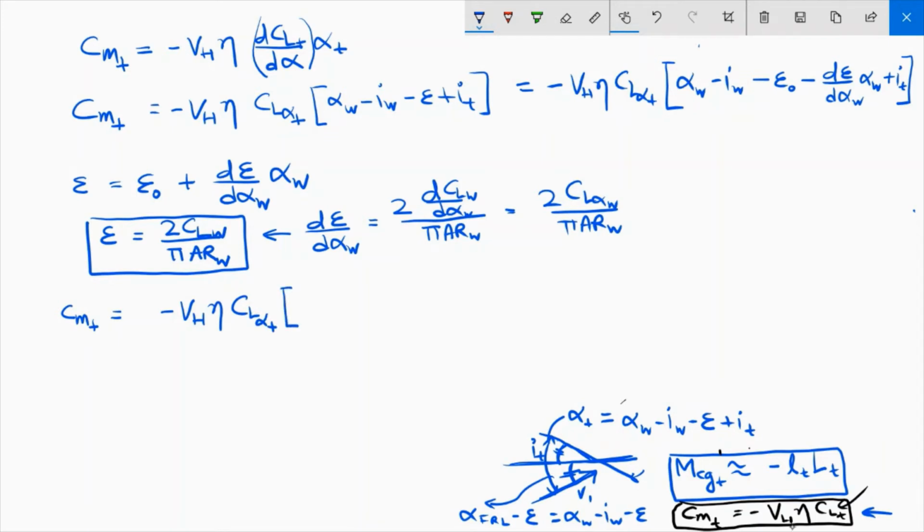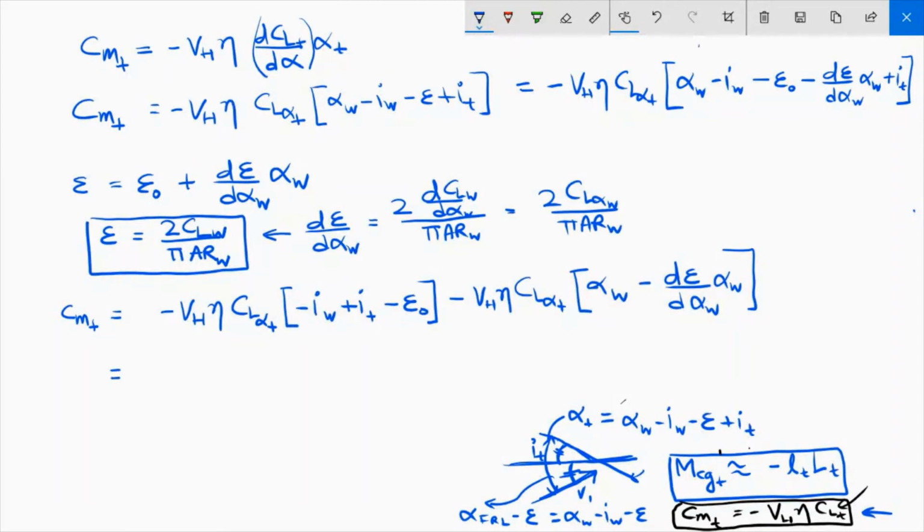In the brackets I have minus iW plus iT minus ε0, and again I have minus VH η CLαT, αW minus dε/dαW.